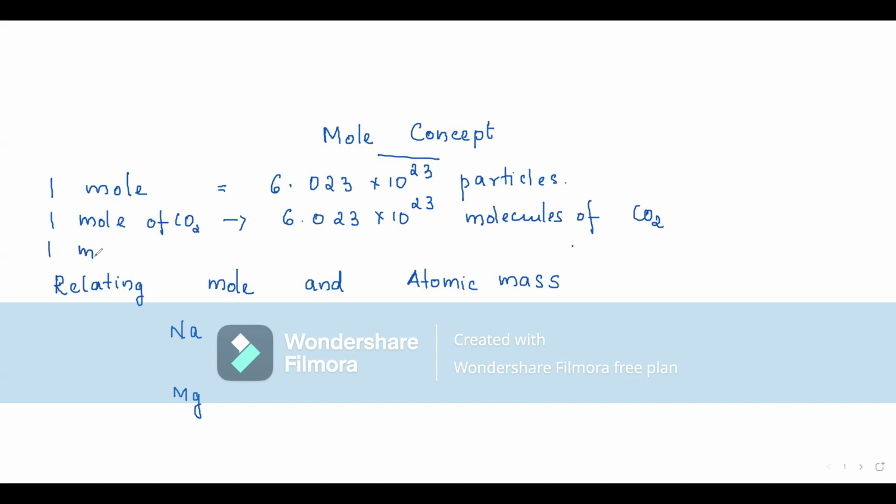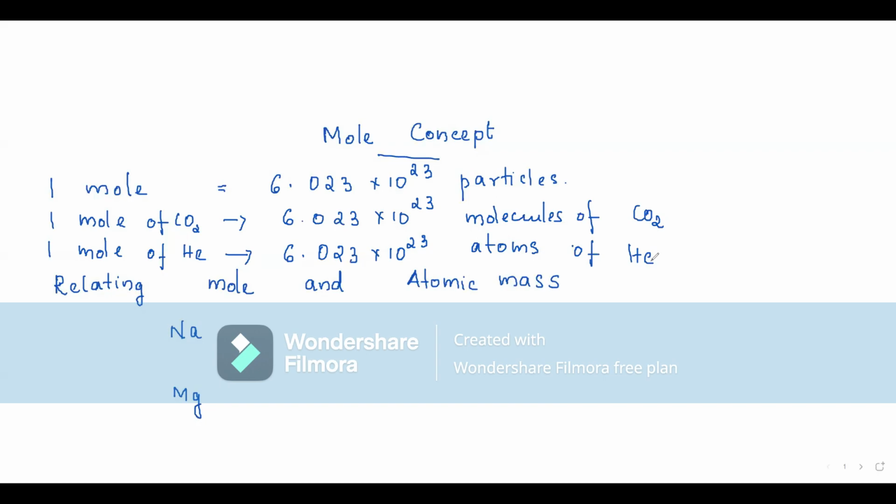Now, if you say 1 mole of helium, helium exists as atoms, right? Helium is not a molecule. So, 1 mole of helium will be 6.023 10 to the power 23 atoms of helium.